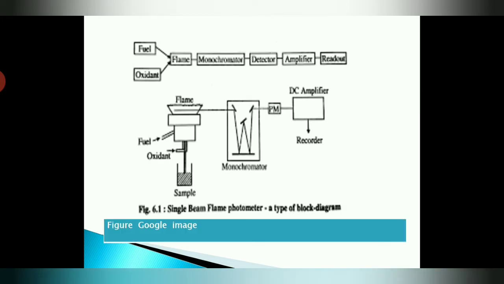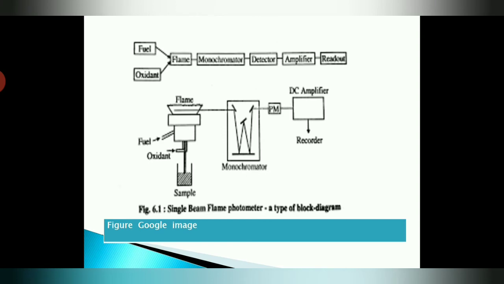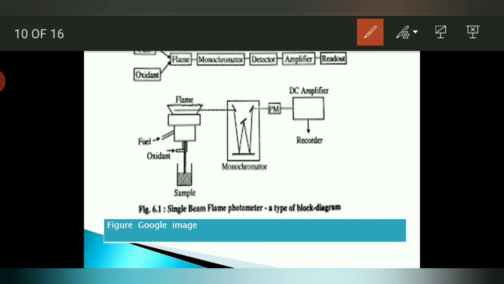The diagrammatic representation of a single beam flame photometer is as follows. You can see in this particular diagram, here, this is the fuel and oxidant that generate a flame. After that the sample is introduced here and it gives a result to the monochromator.